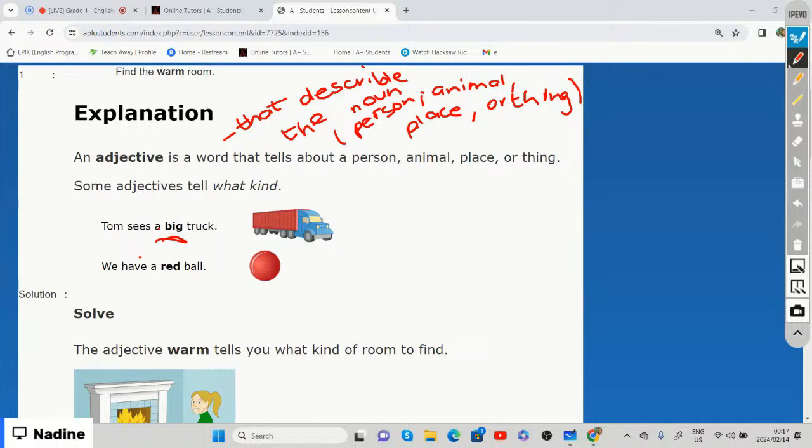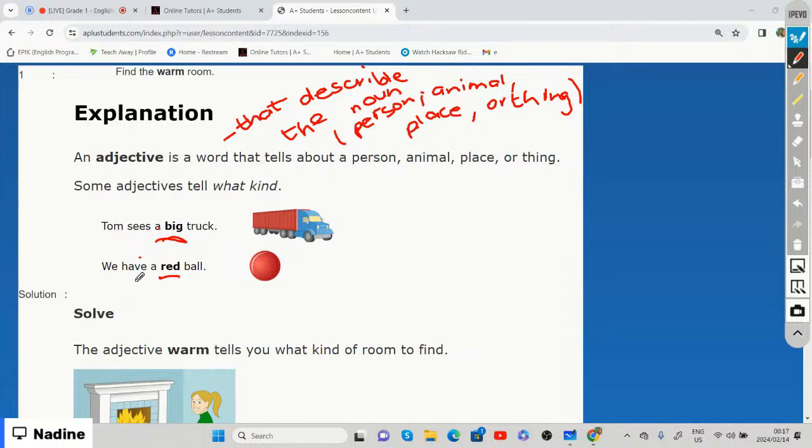And then we have a red bull. So you need to ask yourself again, what kind of bull? And they'll either say it's a red bull, a blue bull, green bull. What kind of truck is it? They'll say it's a big truck, small car, red truck, blue truck, right? So these things will tell you what kind.